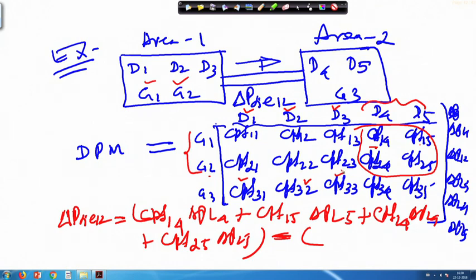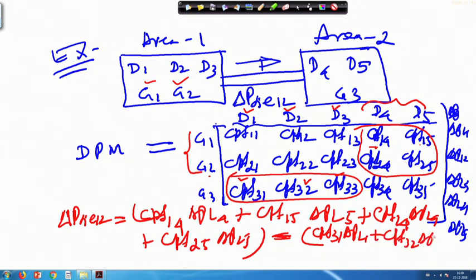So, this block you consider only this part. Therefore, minus CPF 31 delta PL1 plus CPF 32 delta PL2, plus CPF 33 delta PL3. This will be the expression for tie-line power flow. Hope the handwriting is okay, because it is a digital screen, a digital pen, right.